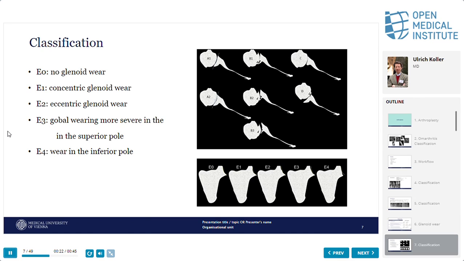And what is very important is that when you implant the glenoid, you risk implanting it in a superior inclination, which is not good for the longevity of the shoulder prosthesis. So these are the classifications.